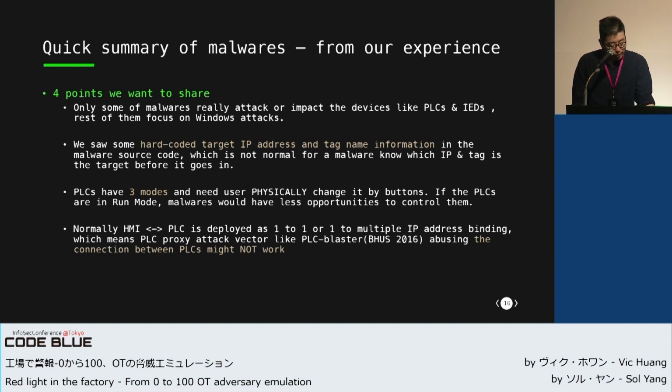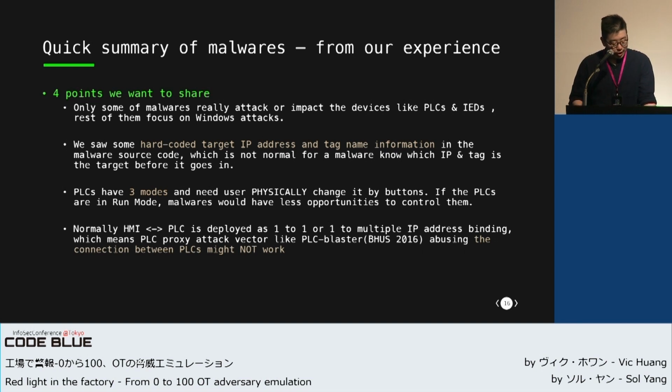And the rest of them focus on Windows attacks. And also, we saw some hard-coded IP addresses and tag names in the source code, which is not normal because it means there should be a data leakage or an insider before the malware starts to attack.